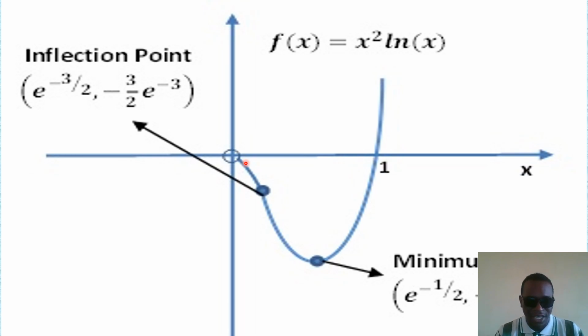You understand now? So it is not actually touching, it is just almost. There is a hole here, that's why we indicate with that circle. It is undefined at that point. So this is the graph of our function. When you're asked to analyze a function, that's what you're supposed to do. And we have come to the end of the presentation.